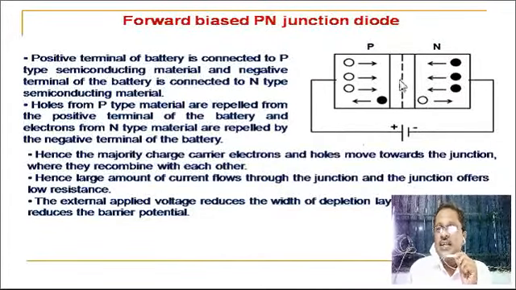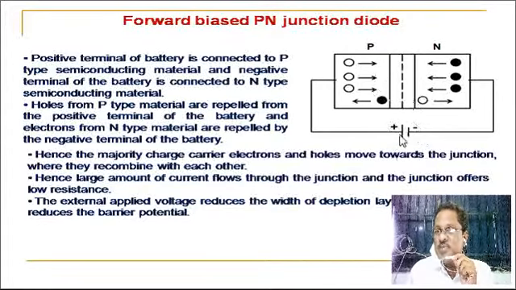Now this is the P-type semiconductor, this is the N-type semiconductor, this is the junction formed between the two semiconductors, and this is the depletion layer. Now this is a battery.